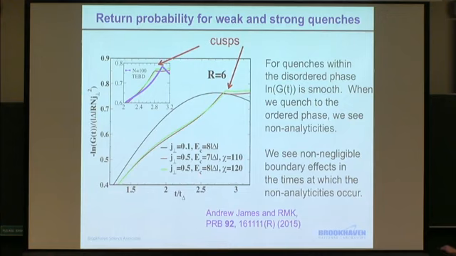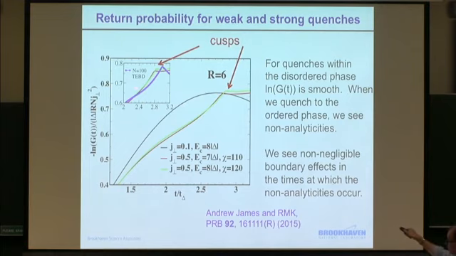However, if we now quench through the critical point, this is far beyond the critical point. The critical coupling is like 0.187, so we're deep in the ordered phase with these couplings, and we see cusps.